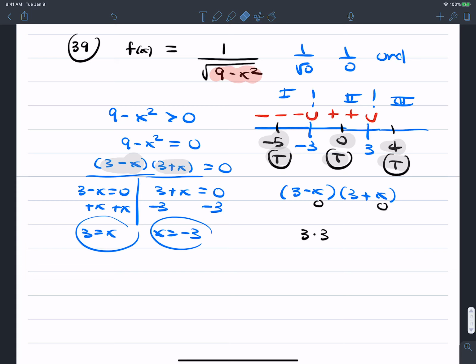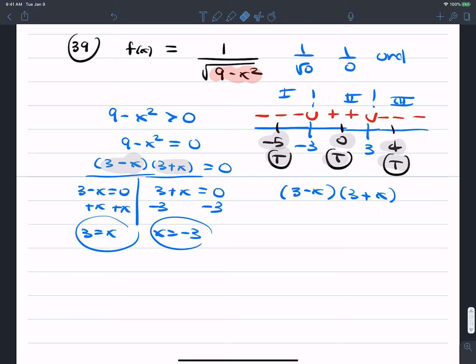Plug in a 4 now. So our arithmetic becomes 3 minus 4, which is -1, and then 3 plus 4, which is 7. So I have a negative times a positive, gives me a negative. So region 3 is negative. So be careful with your sign analysis.